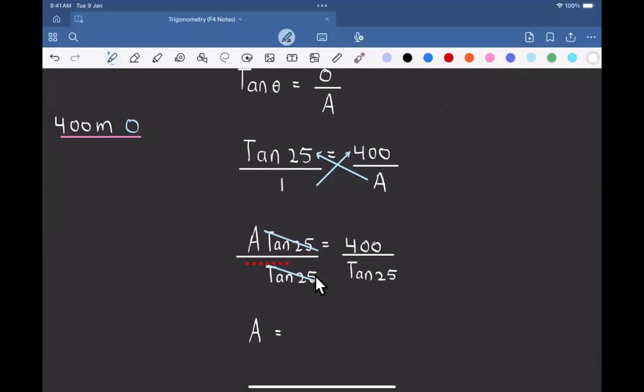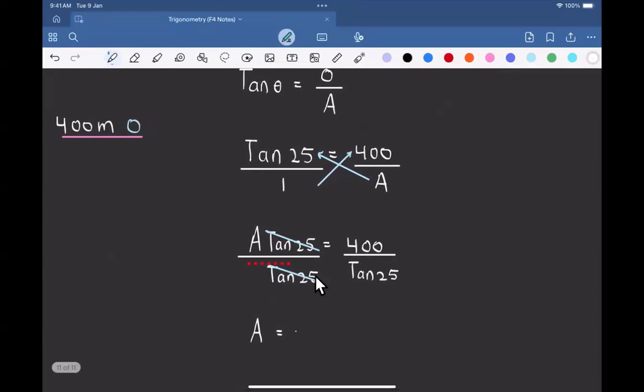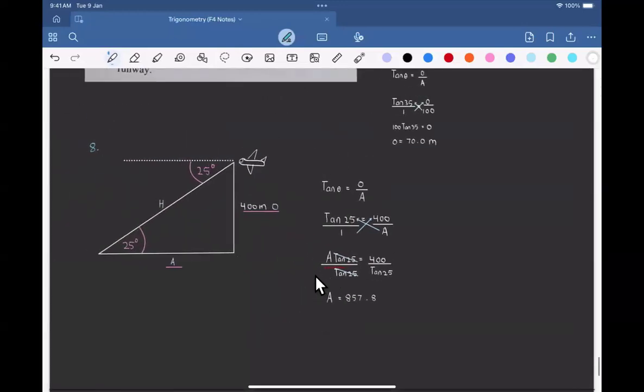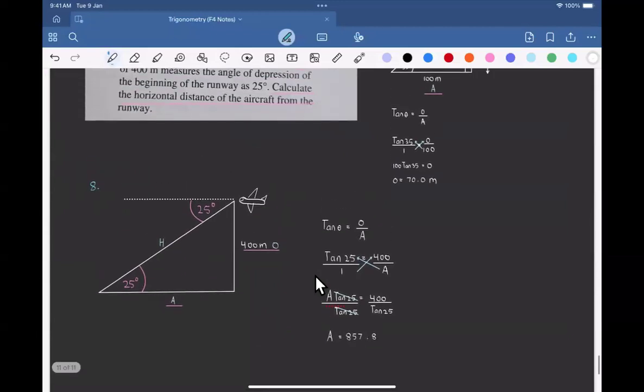Yeah, you have to close the brackets after the 25. Okay, I get 857.80. So if you round that off to one decimal place, what would you get? 857.8. Yep. And what is the unit? What are we measuring distance in? Meters. Right.